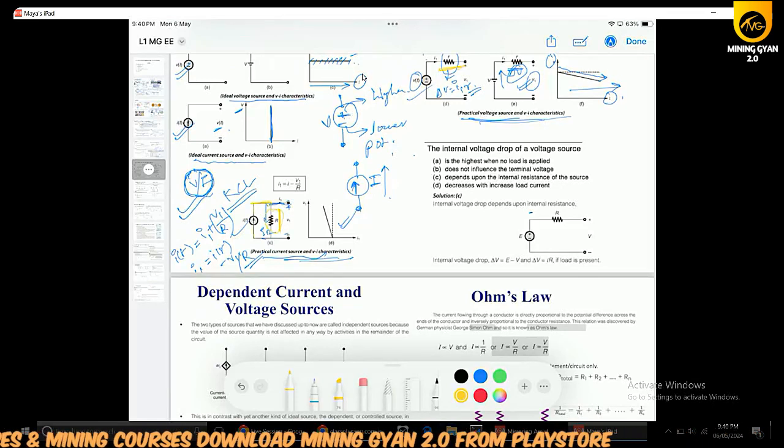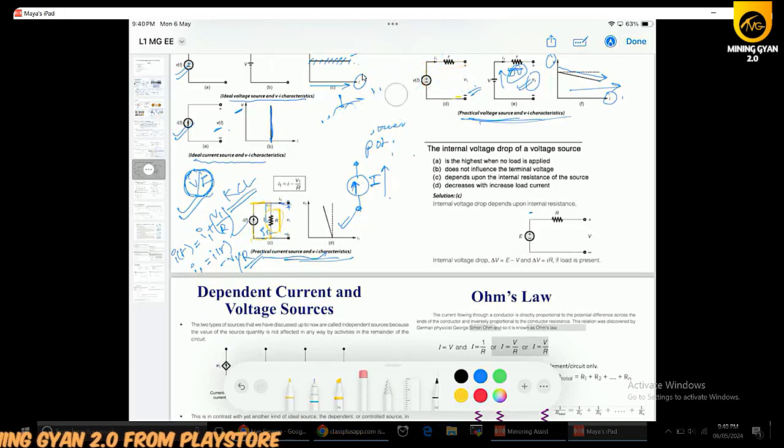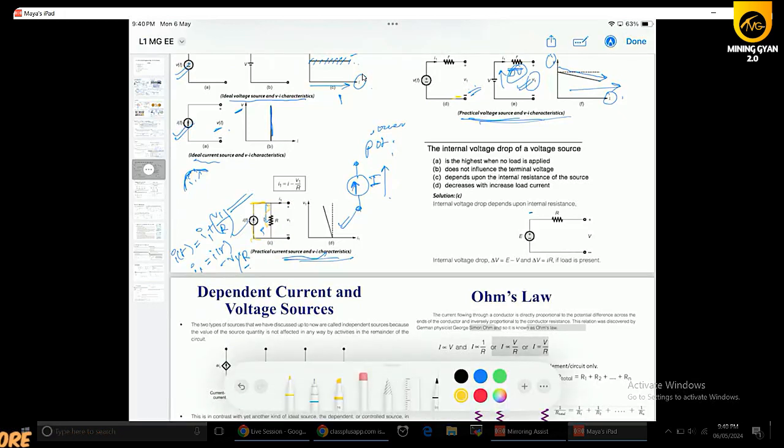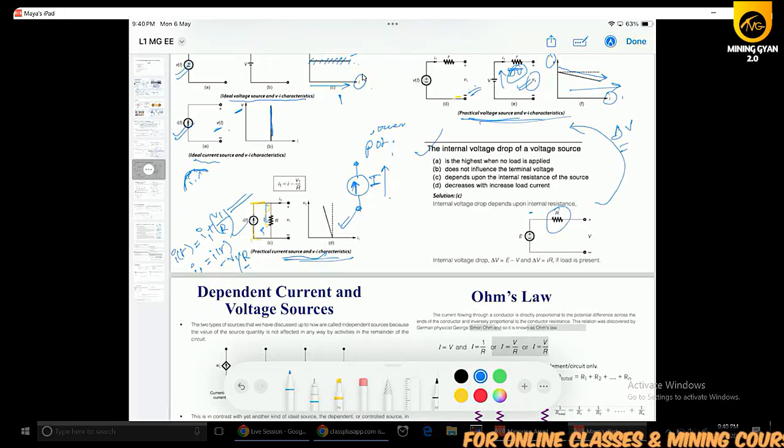This configuration is called a parallel connection, whereas this configuration is called a series connection. You have to remember this. Then next, you can solve this question. This is a very simple question. You just need to calculate the delta V, that is the voltage drop across the resistance R.